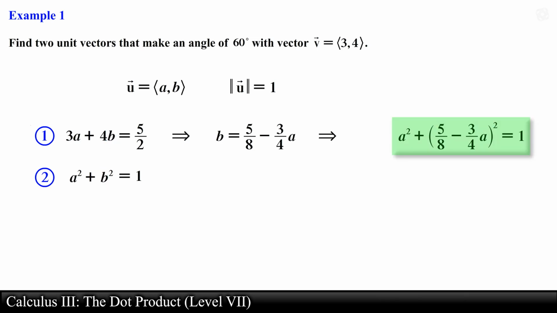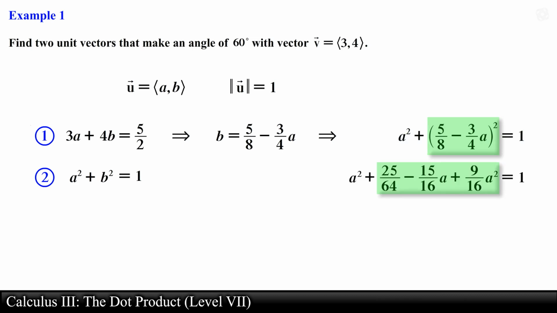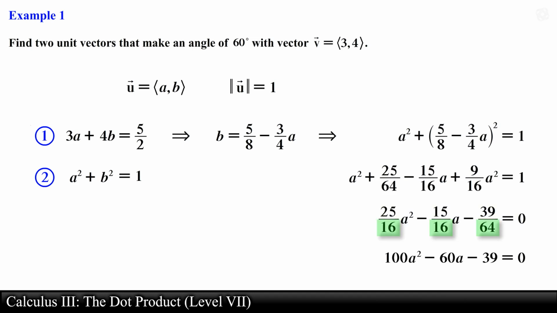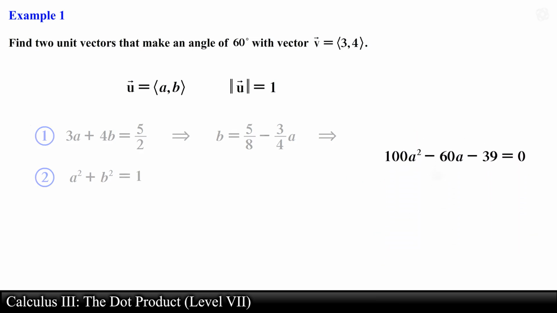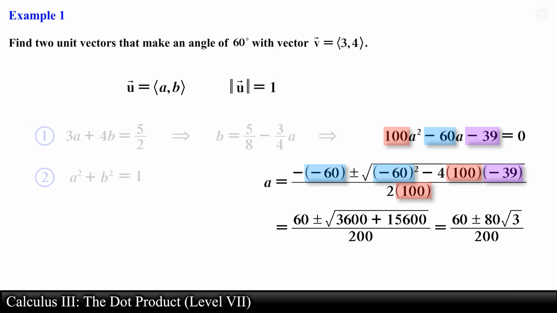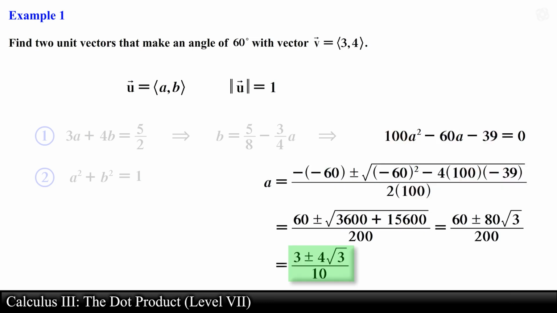Now we need to carry out a series of steps to simplify the equation. So we first expand the binomial. Then we write the quadratic equation in standard form and get rid of the denominator by multiplying the equation by 64. Next, we go ahead and use the quadratic formula and solve for a. Substituting the various constants into the quadratic equation and simplifying, we obtain the following two solutions for the x components of vector u.